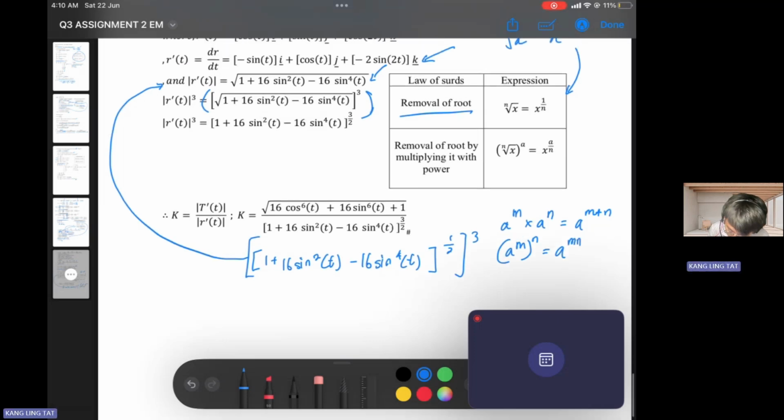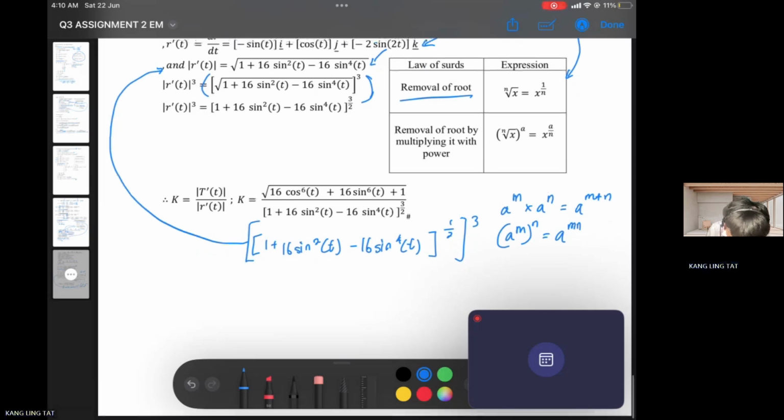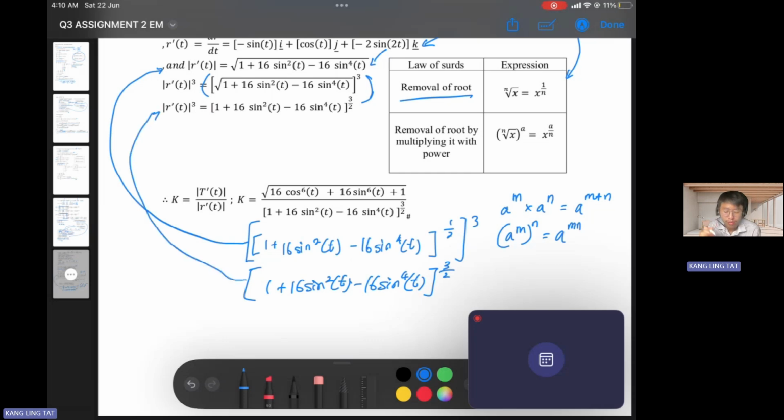So in these terms, it's going to be 1 plus 16 sine square t minus 16 sine power 4 t, to the power of 3 over 2. So basically, this is our cube of the magnitude of the first derivative of the vector function.